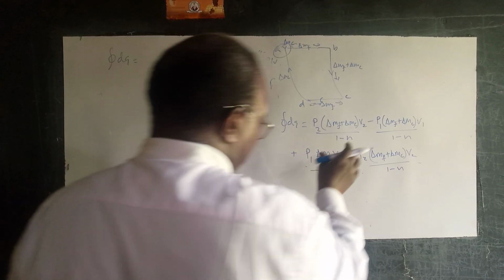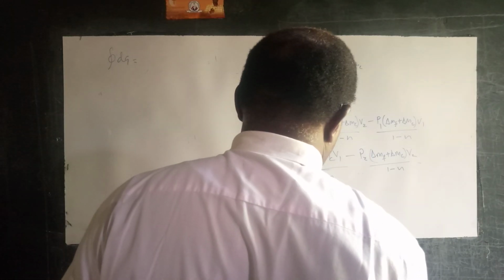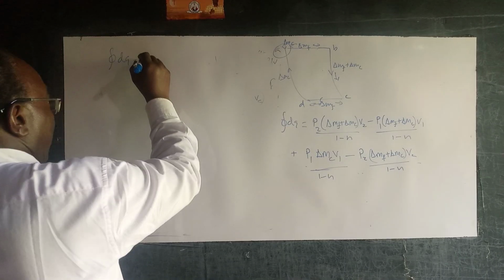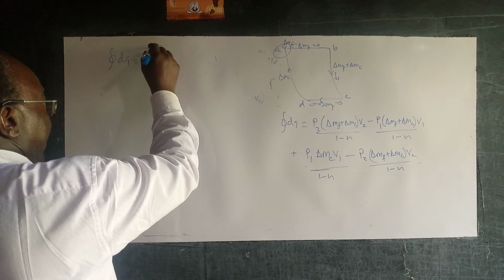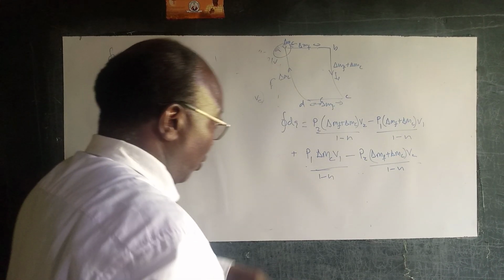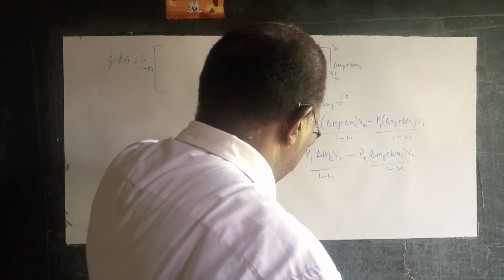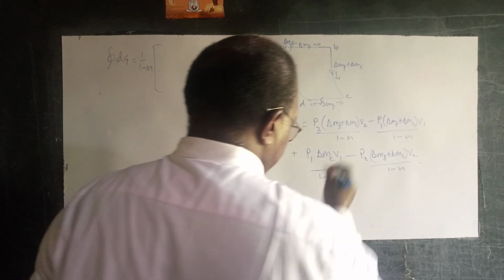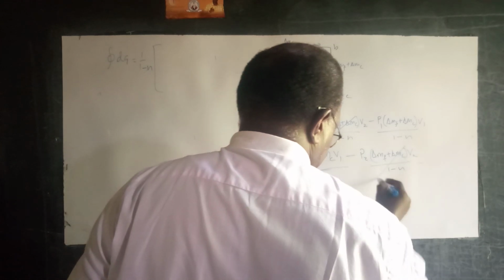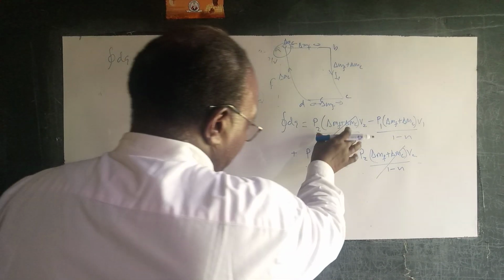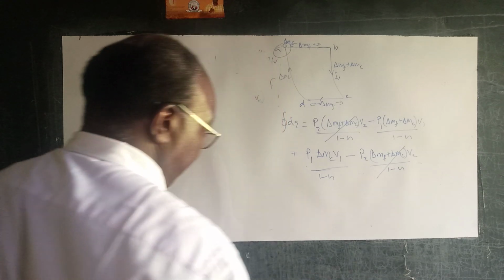Now, if we open up these quantities, we have P2, 1 over 1 minus n, and then open up these brackets. Is there anything which is eliminated with the other one? This goes to that. That vanishes. The two vanish. They're the same, but with opposite signs.